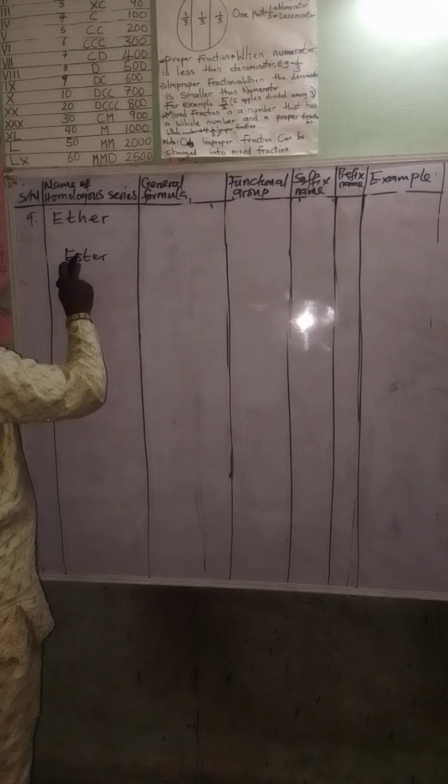Now number 9 is ether. Look at the spelling: E-T-H-E-R. The other one was ester, no H inside. But here you remove the S and put T and add H. That's ether.